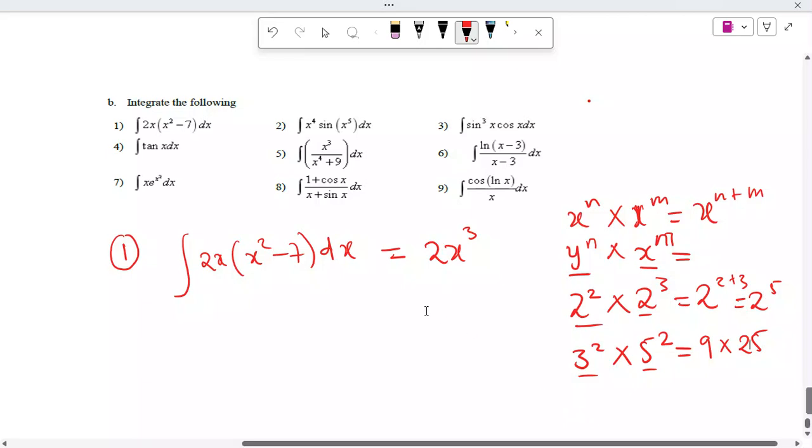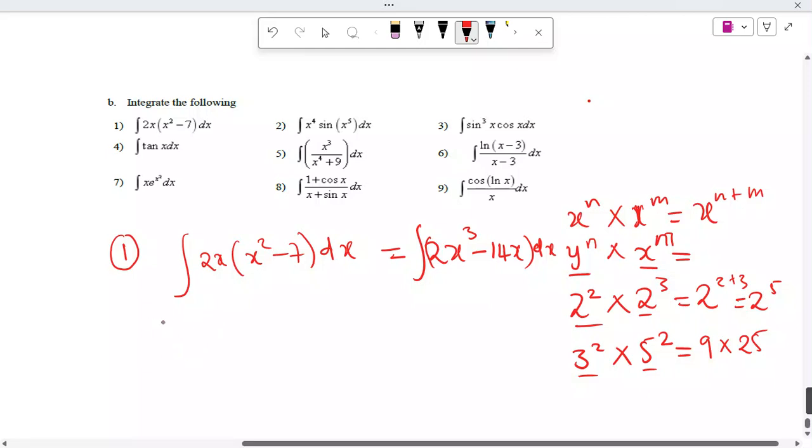Okay. So 2x multiplied by x squared will be 2x cubed, then minus 2x multiplied by 7 to be 14x, and this is the dx.